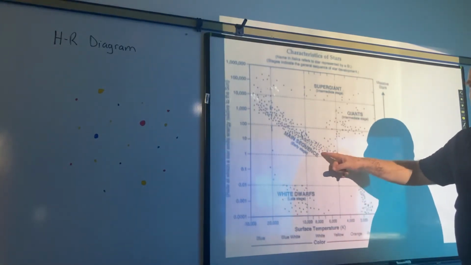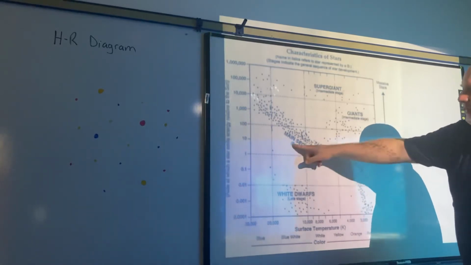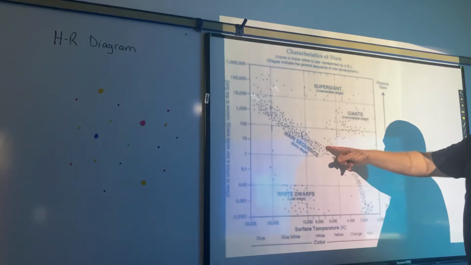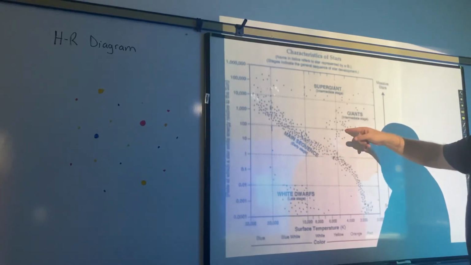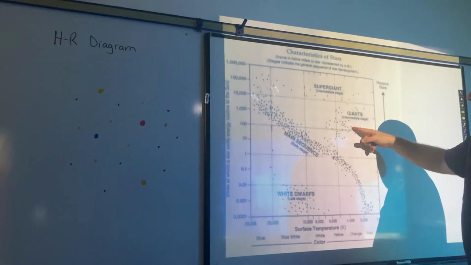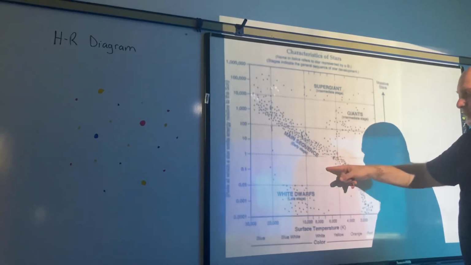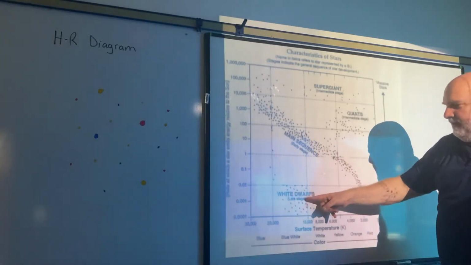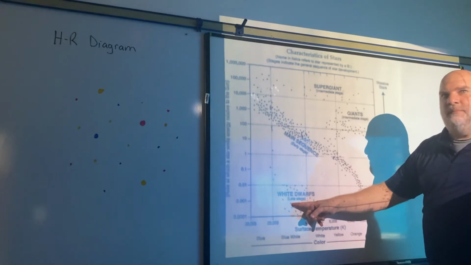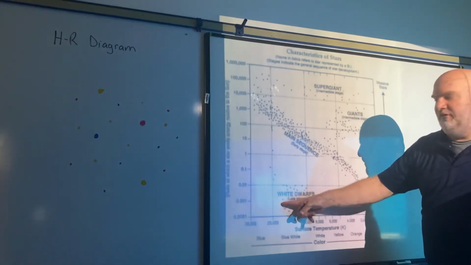As billions of years go by, stars will move from the early stage main sequence. As they get older, they start to cool down and they become a giant star. And then they're there for a while, and then as they get even older yet, they heat up, but they become dimmer and become a white dwarf, which is like a really small star, but it's hot, but it's really small and doesn't give off very much light.